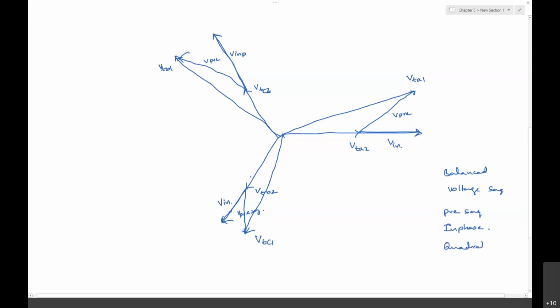In all these cases we have been talking with respect to the balanced voltage.